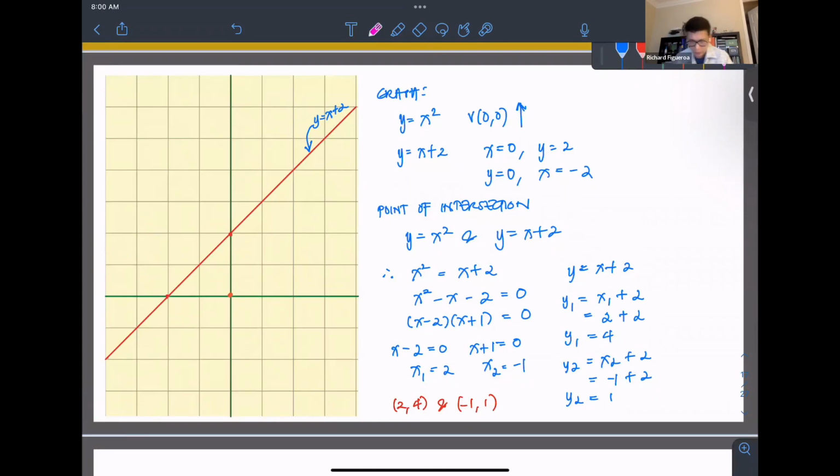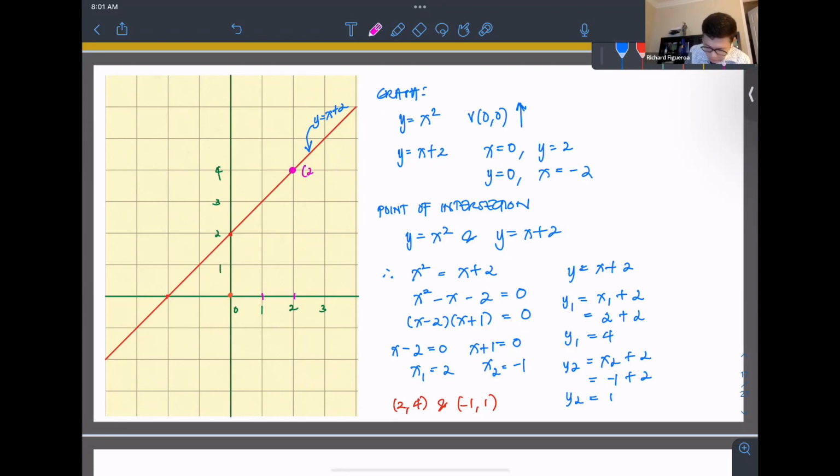Okay, so 2, 4. That is 1 and 2 on the x-axis, then 0, 1, 2, 3, then 1, 2, 3, 4 on the y-axis. So we have the 2 and 4. This is 2 and this is 4.